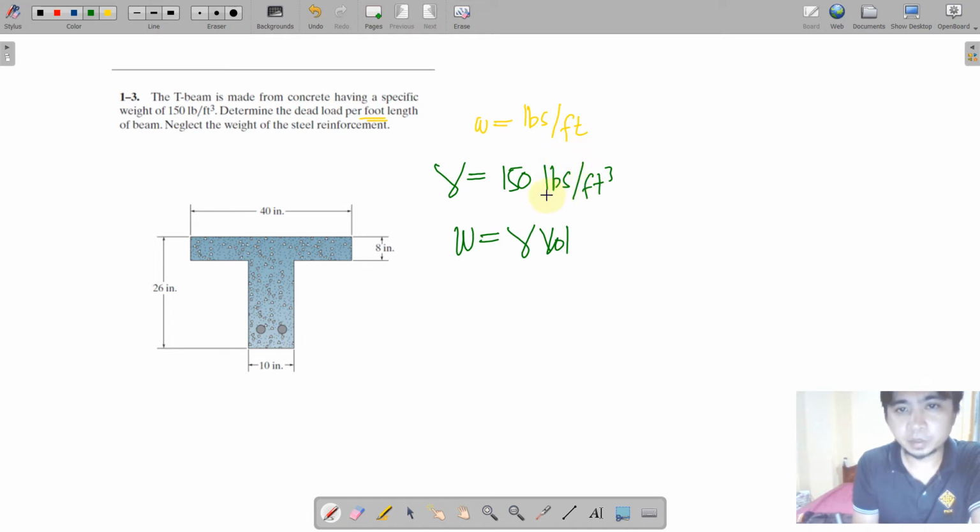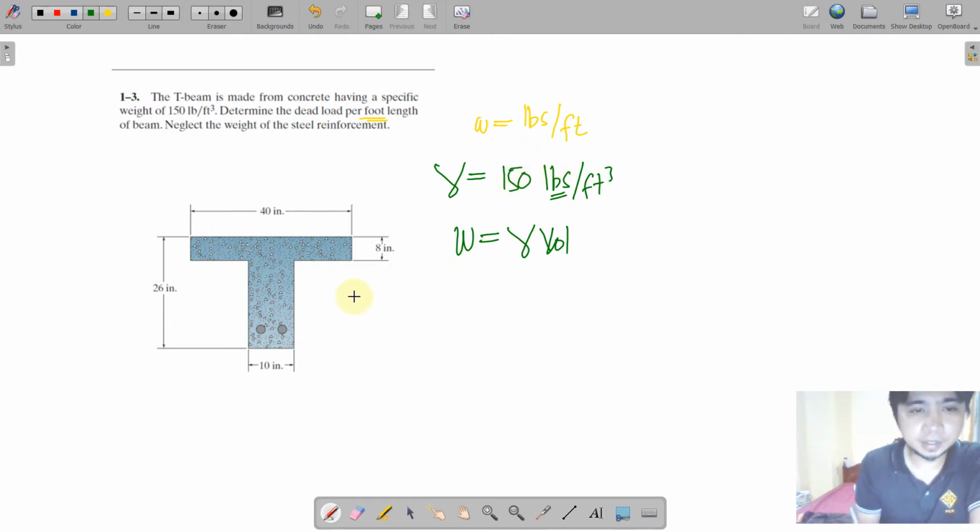Basta alam nyo na yung pounds is a unit force. So meaning, to eliminate this, or to come up with the pound, we eliminate the foot cube at the denominator by multiplying it by the volume. So simply, weight is equal to gamma volume. And then, after which, we divide the weight by 1 foot to come up with the pounds per foot unit.